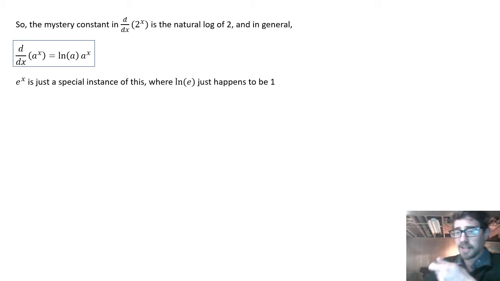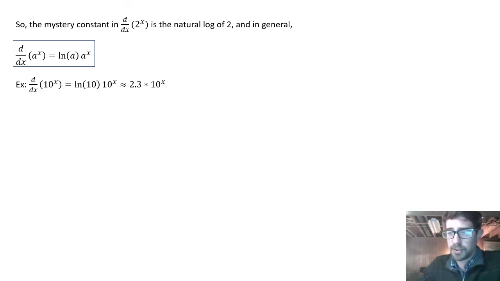So that's not a different rule. That's just a nice special case of this rule. So no matter what the base is, the derivative includes the natural log of the base. It's just in the special case where the natural log of the base is 1, you don't see it. It disappears because it's just 1 times the function itself. But it's not a separate rule. It's just a special instance of this rule.